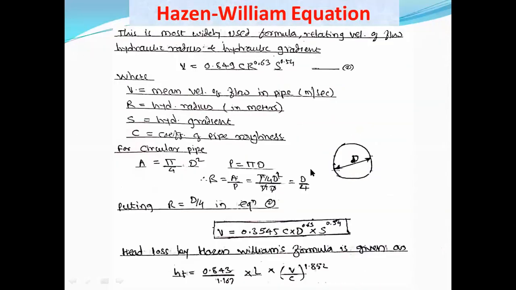And here a slope is asked, so we want to find out this S, right? In this equation, to find out the value of S, we will require the diameter, the value of C, and the value of V. Now the value of C is known to you, it is given in the problem.